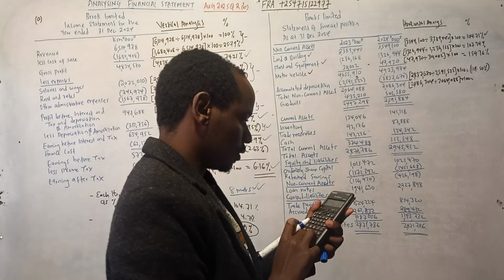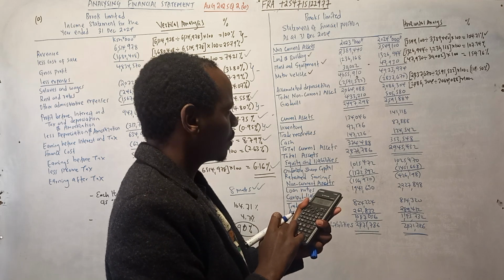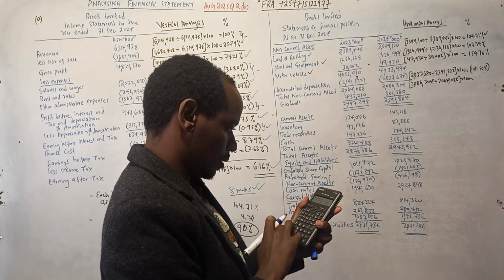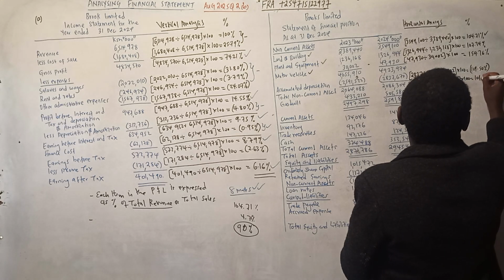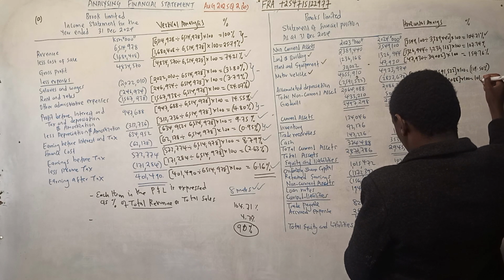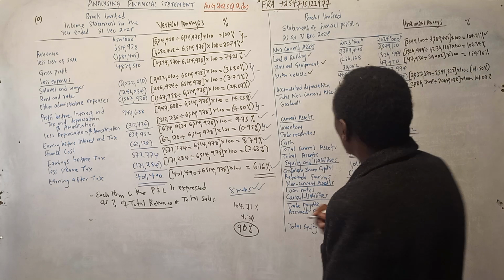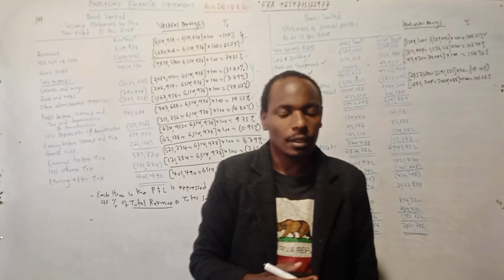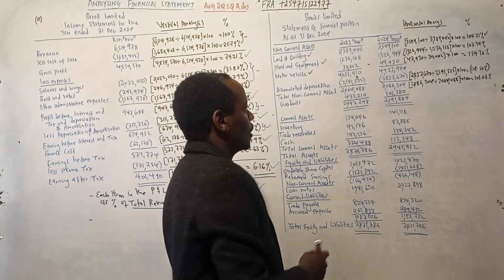So this is 101.08%. Now that means that total assets increased by 1%. So total assets increased by 1%.